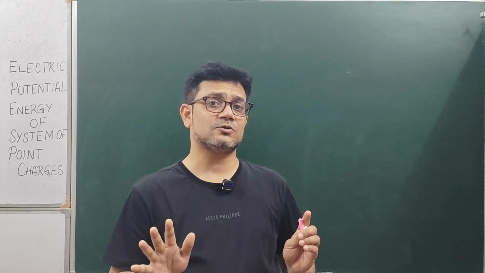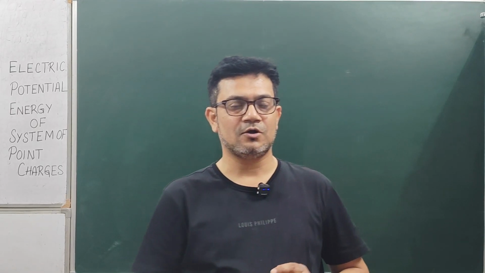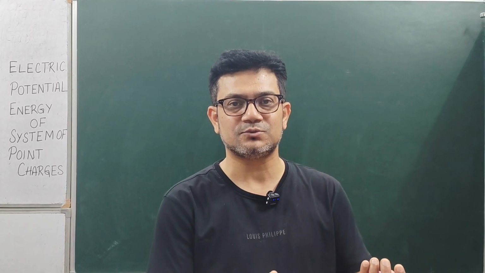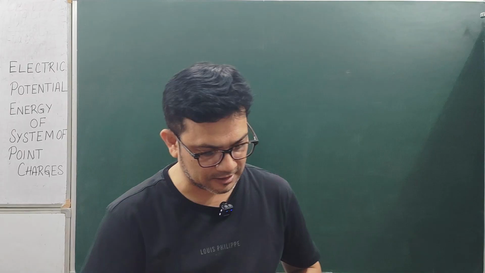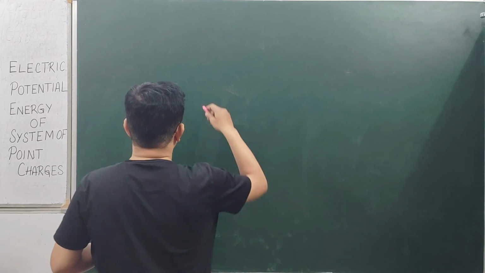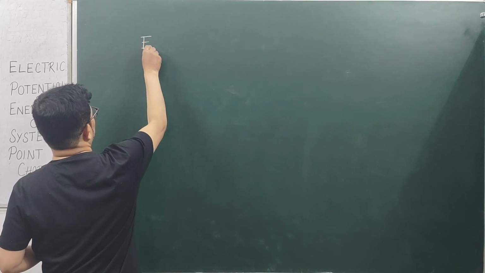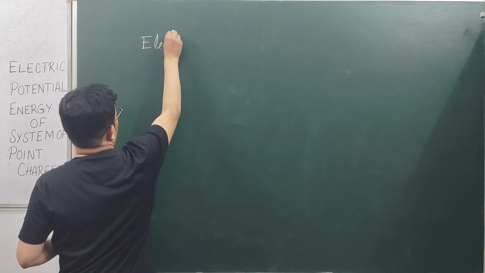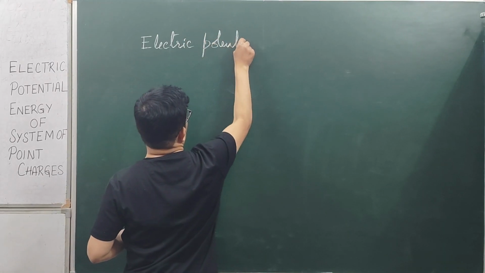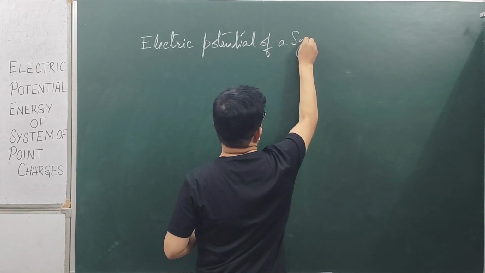If you generalize this concept and take a system of charges, then we can have a definition of the potential energy of a system with more than two charges. So what would be the definition of electric potential energy of a system of charges?